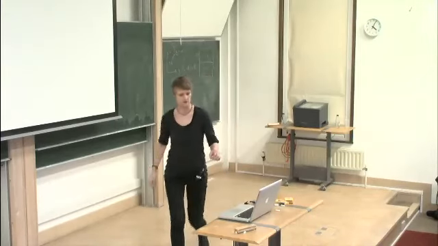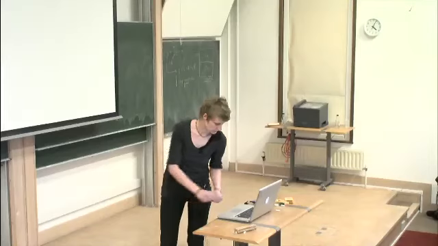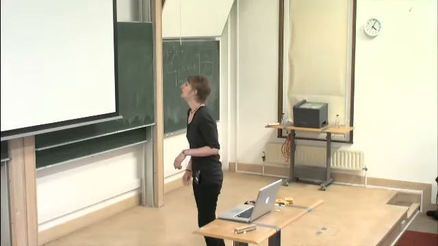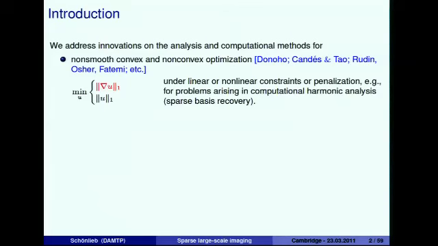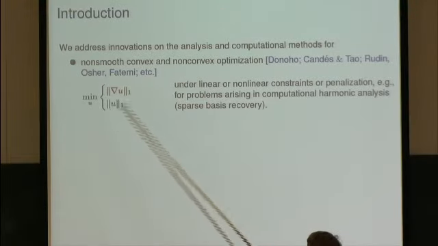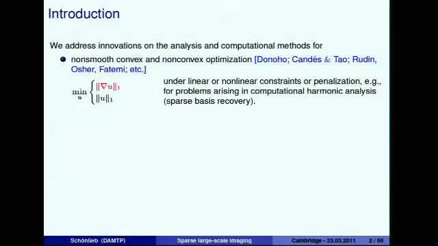So how do I want to process this image? The main method of interest for us is to process the image by solving an optimization problem, which is non-smooth and convex in general. The specific problem that I want to solve is to find a reconstructed image U that has minimal L1 norm of its gradient.